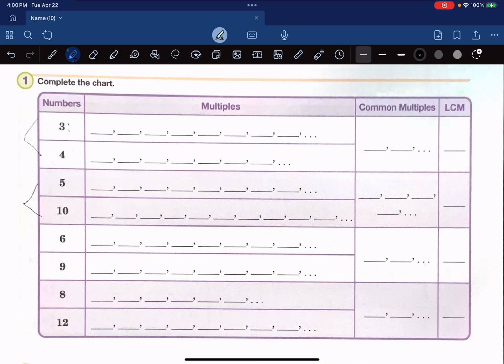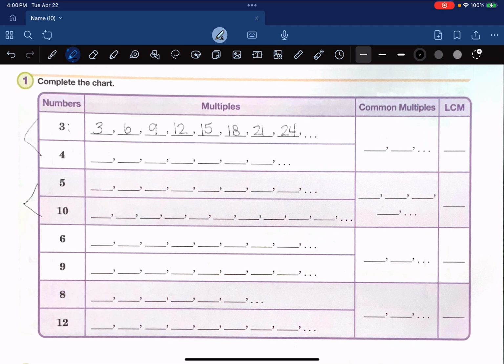So we always start with the number times 1. So 3, 6, 9, 12, 15, 18, 21, 24.